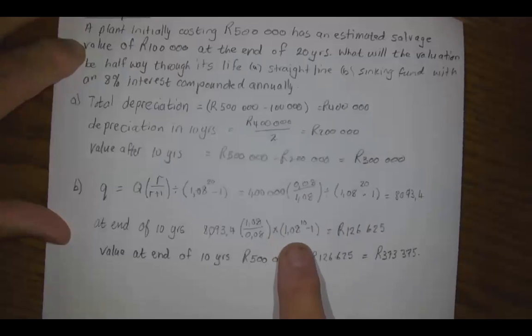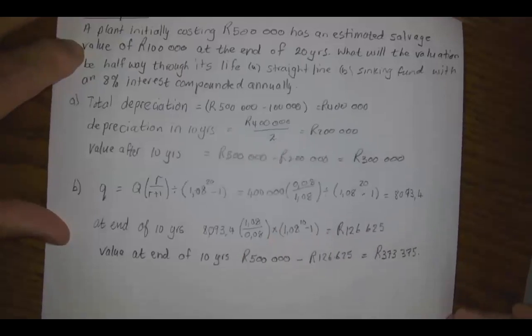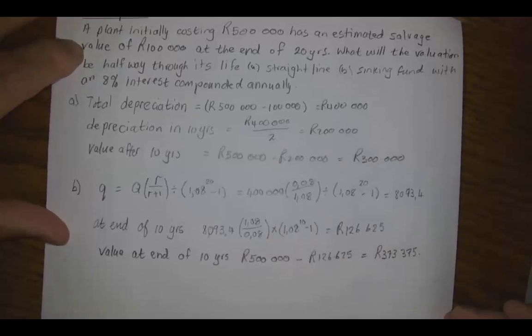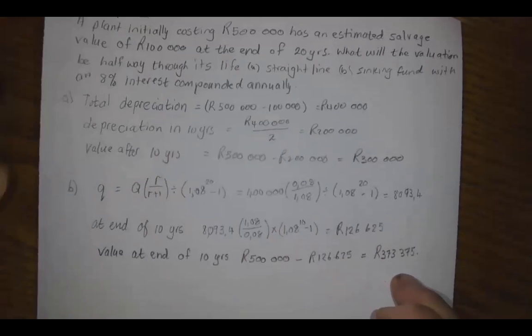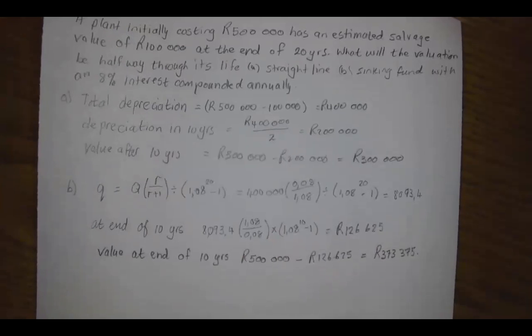That gives us a value of 126,625. So at the end of 10 years, it will be 500,000 minus 126,625. That gives us 373,375.